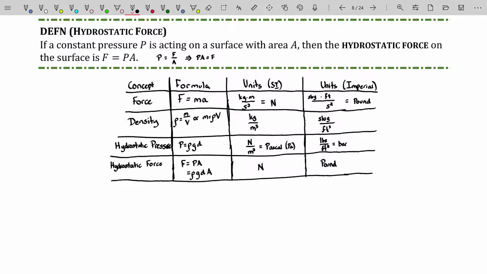A lot of the stuff becomes more clear as you use them within problems, by the way. So don't feel as though you should suddenly have some innate knowledge of hydrostatic force and pressure and density and force from this video. That is not the point. The point is just to introduce you to the language so that in the future you can use that language in problems and conversations in the classroom.